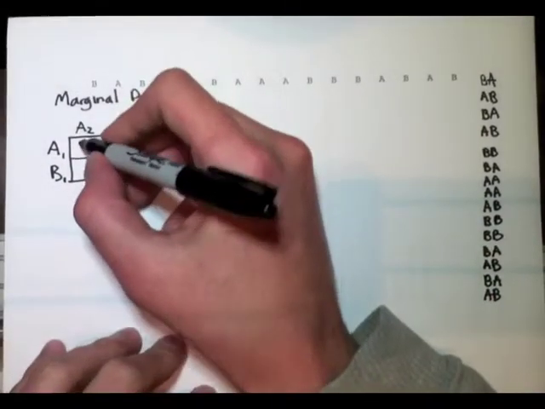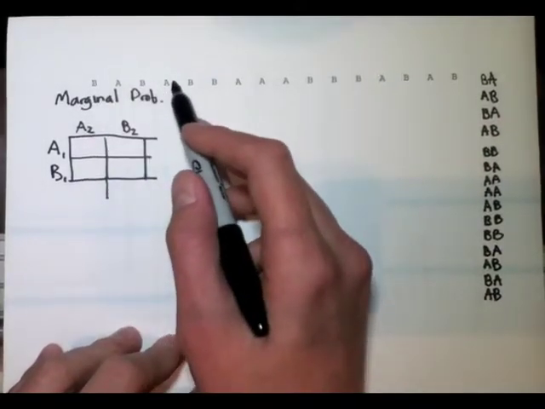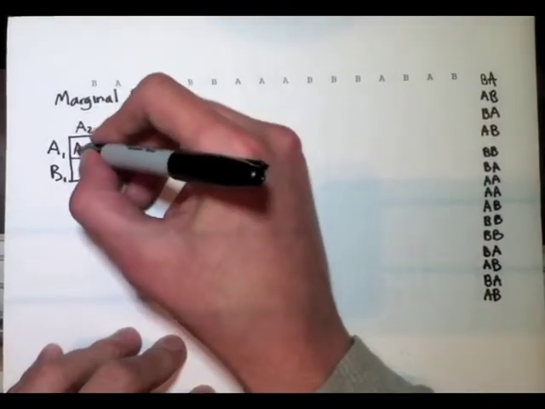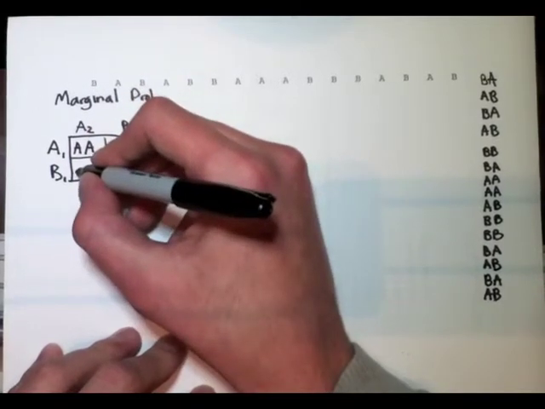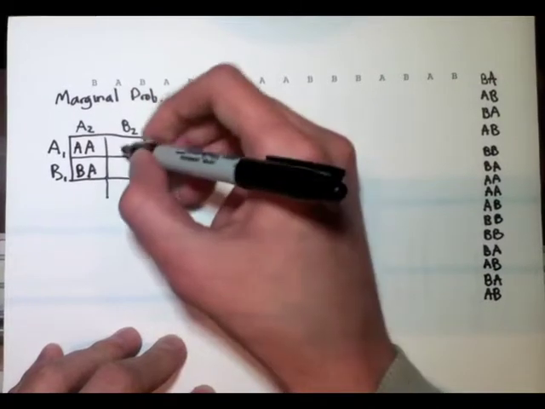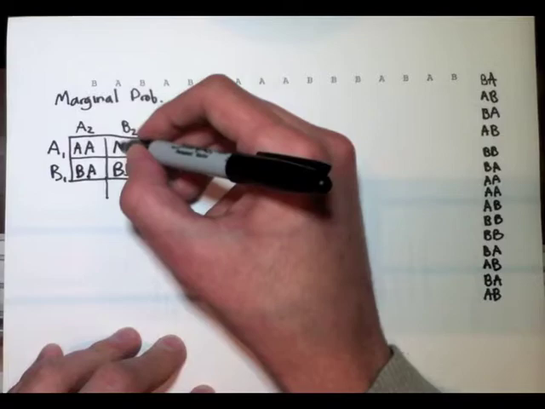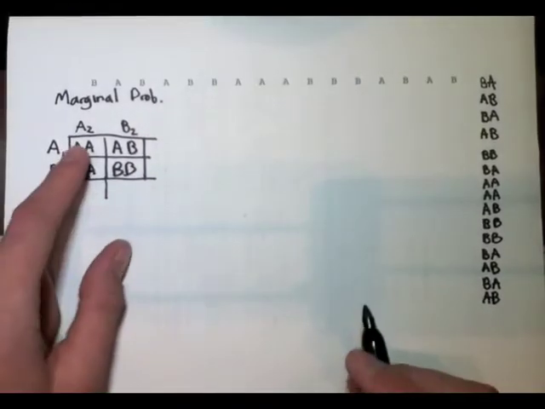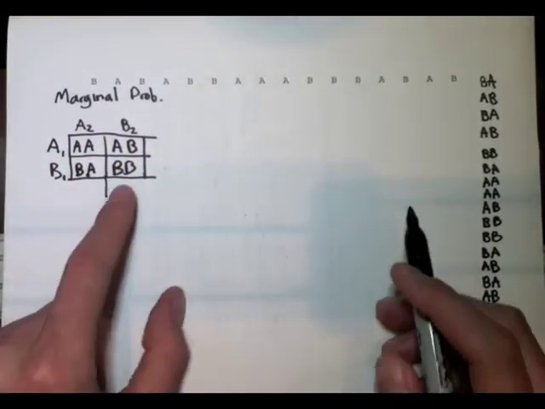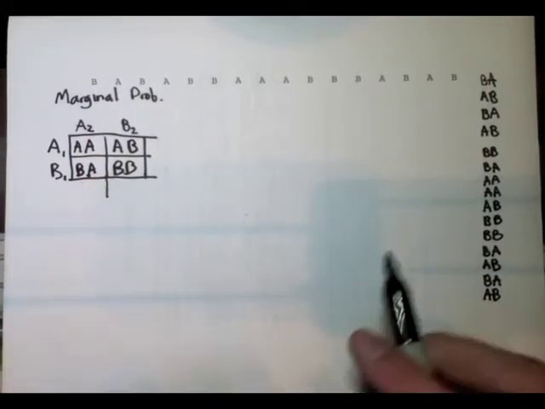So that just means that there are only 4 combinations of A and B that are 2 letters long: AA, AB, BA, and BB, right? We're going to put probabilities in here later, but for now, we're just showing those so that you understand this is one of the 4 possible combinations.